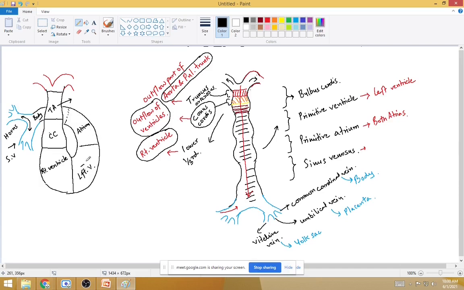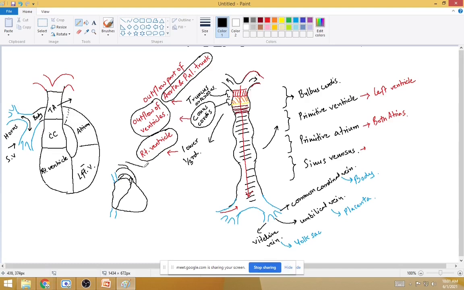So when you see the heart, I'm just drawing, it's something like this, isn't it? So the atrium, where the vena cavas are opening. After that there is the pulmonary trunk like that, and overriding it is the aorta.